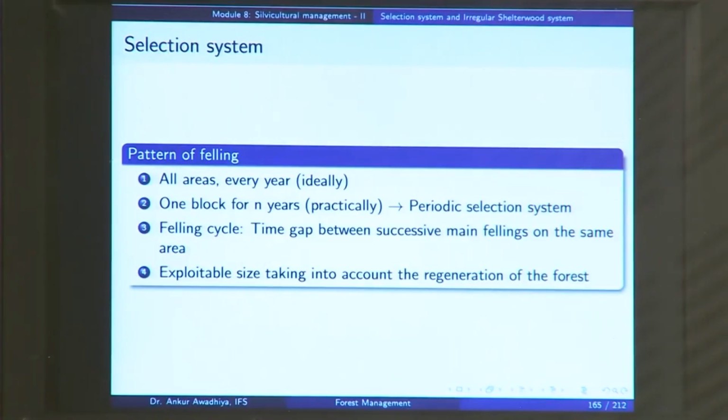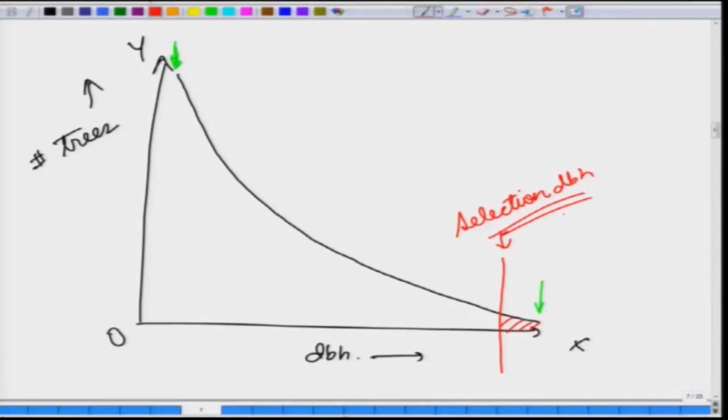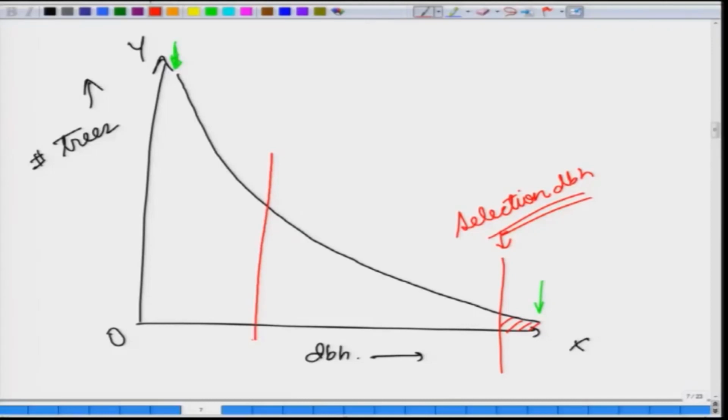So, we also define the exploitable size, taking into account the regeneration of the forest. So, we said here that this is our selection DBH, but your exploitable size should also consider the regeneration capacity of the forest. So, suppose in place of taking this DBH, you took say this DBH.